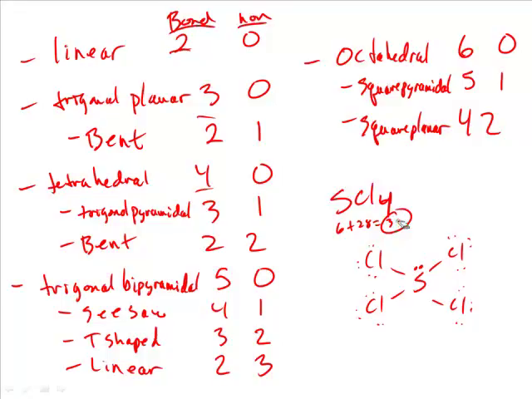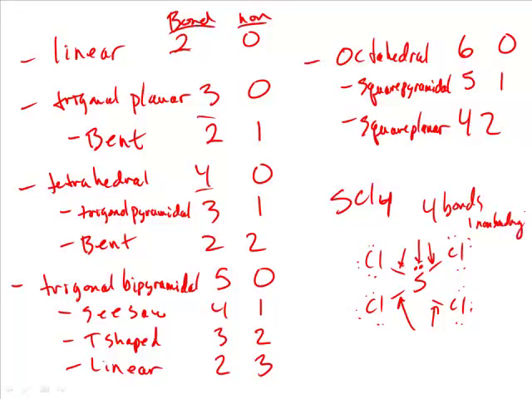Now, what you can't do is look at that and go, well, I don't know, it looks like a square. It looks like I drew it flat. I think that's a square planar. What you've got to do is you've got to count. You've got to go 1, 2, 3, 4, 4 bonds, 1 non-bonding pair.